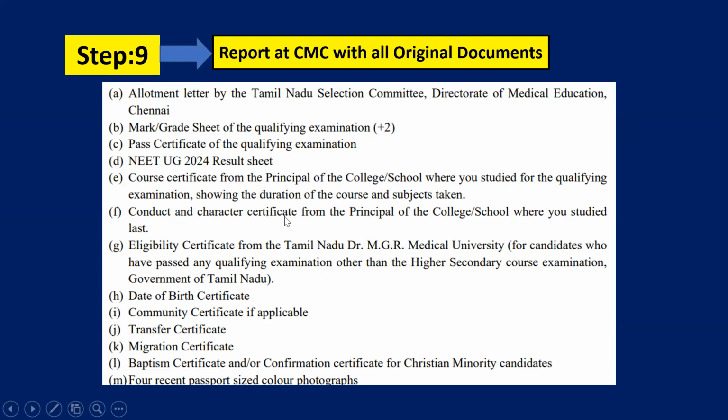Next, conduct and character certificate from the principals. Next, eligibility certificate, date of birth certificate. You can submit a date of birth certificate or 10th marks list. Okay, whatever you have. Next, community certificate. This is the caste certificate. Next, TC, migration certificate. Next, baptism certificate, and 4 recent passport sized color photographs. With all these certificates, you need to report at CMC Registrar Office.